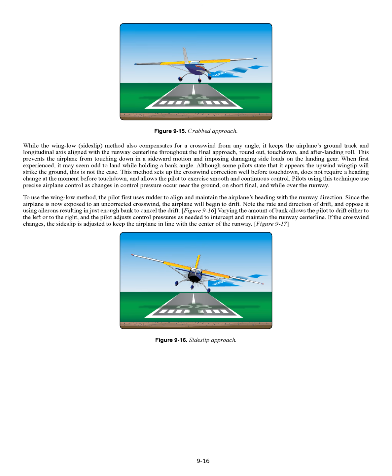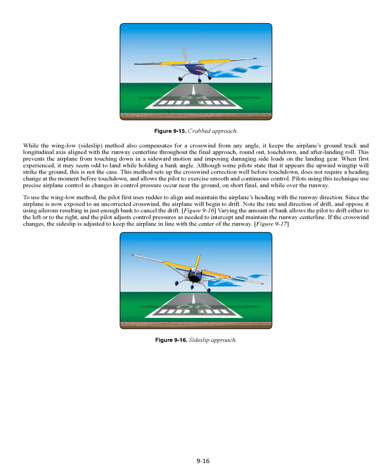Although some pilots state that it appears the upwind wingtip will strike the ground, this is not the case. This method sets up the crosswind correction well before touchdown, does not require a heading change at the moment before touchdown, and allows the pilot to exercise smooth and continuous control. Pilots using this technique use precise airplane control as changes in control pressure occur near the ground, on short final, and while over the runway.